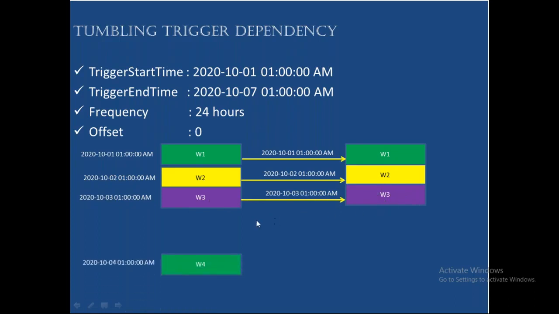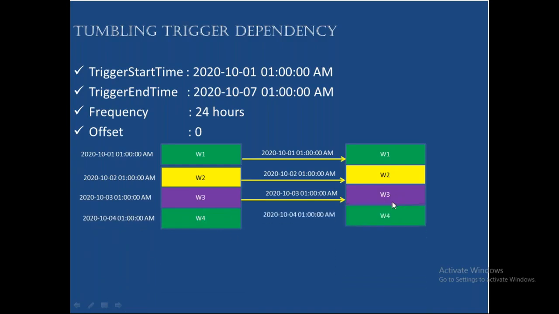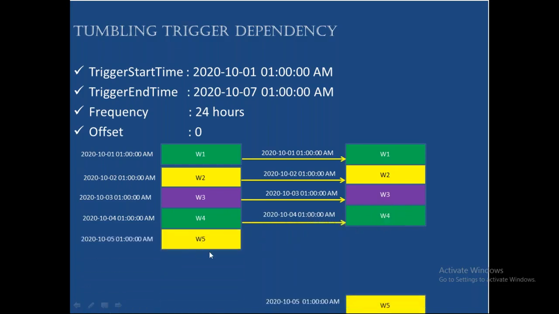Once it is received, pipeline 2 will execute. Here also, window 4 started on October 4th. At the same time, pipeline 2, window 4 also will start, but it will keep on waiting for the status of pipeline 1. Once it receives the status, then it will run. Next, window 5 will start.